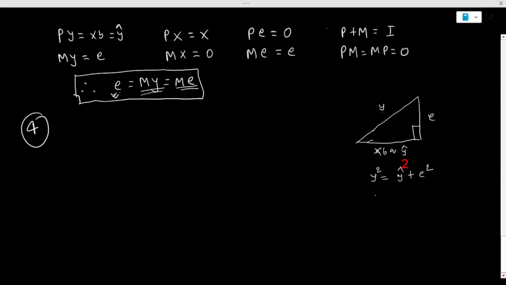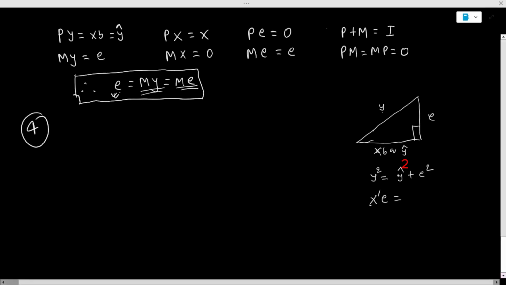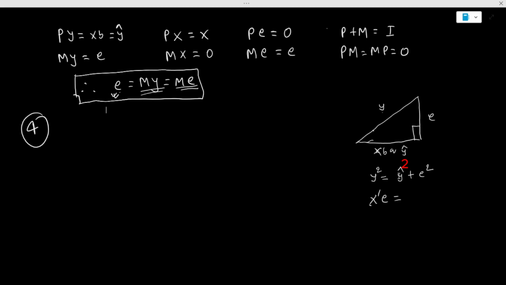And we have seen that while deriving the OLS estimate, the independent variables are orthogonal to the error term, so their dot product is equal to 0. So we have y transpose y, that is the sum of the squares of y, the dependent variable.